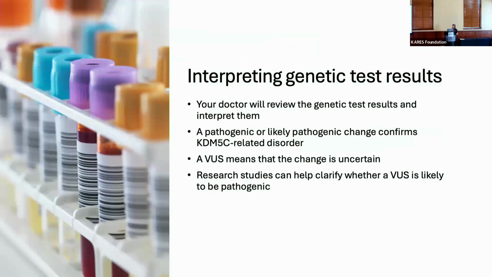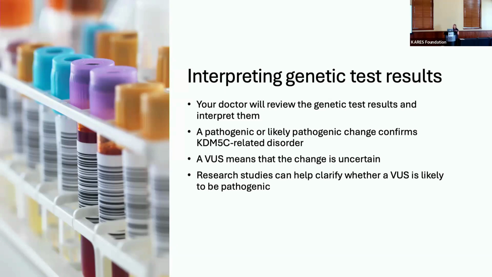All right, so in terms of interpreting the genetic test results, your doctor will receive the genetic test results, and they'll try to interpret them in context of the child's features. And so if the results show a pathogenic or a likely pathogenic change in KDM5C, that would result in that diagnosis. So your child would have a KDM5C related disorder based on that change.